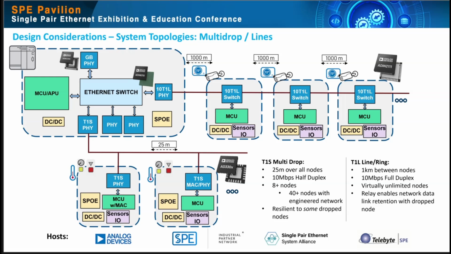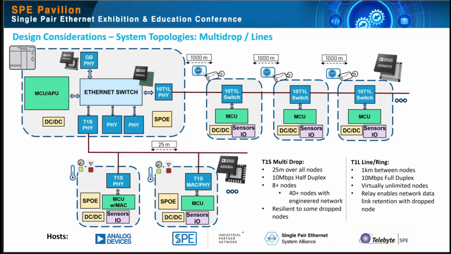So then we get to multi-drop and lines. And I put these on the same slide here to highlight these two different but similar use cases. Because again, I think oftentimes people think of 10BASE-T1L technology as being only point to point. It does offer the ability to create those lines and arrays.